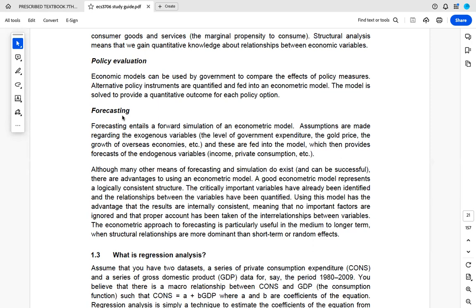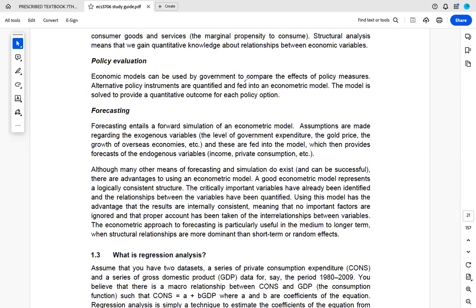We put that in mathematical form, in the form of an equation. We look at historical data and we come up with parameters using statistics. And then we use our model to help us forecast what our GDP will be sometime in the future, right? So forecasting entails a forward simulation of an economic model.